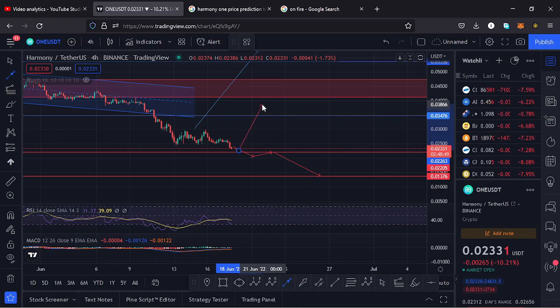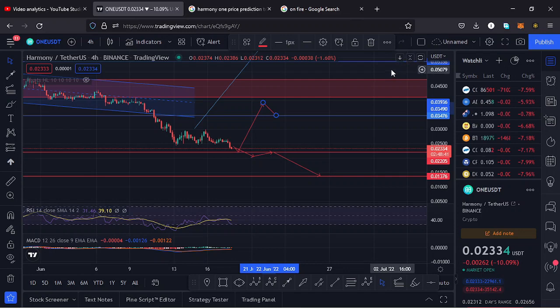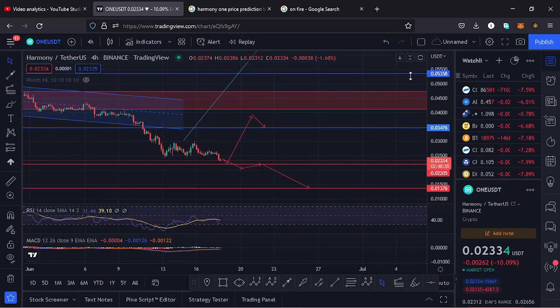And if we manage to break to the upper side of that key area of resistance, we might have a retest of that area and push to the upper side, and that move can take us back to around the $0.05 mark. And for that move to play out, I also expect to continue seeing higher prices on the Bitcoin chart.